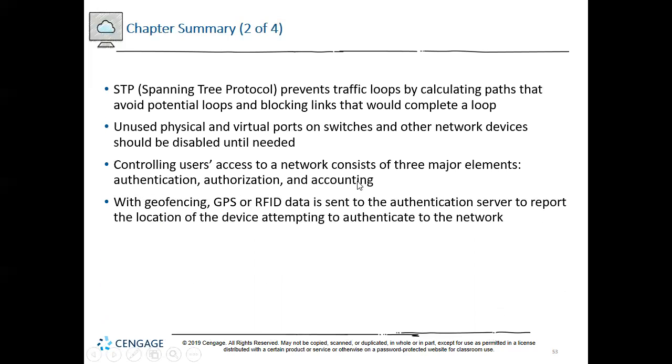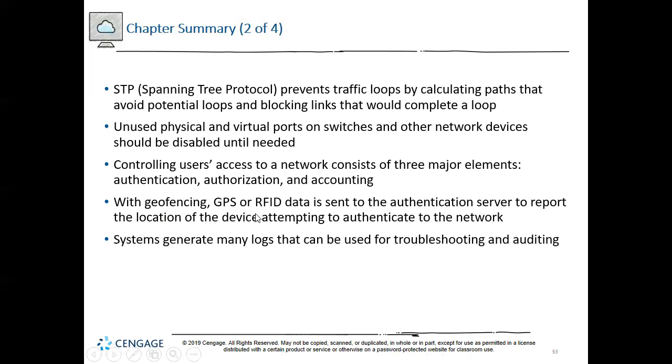These three things actually do show up in the exam: authentication, authorization, and accounting. We call that AAA. Hopefully you're familiar with that. So authentication: are you who you say you are? There are like five things that they might ask, something you know, something you are. You remember those? Those are in your notes. Geofencing, GPS and RFID data can be part of your authentication.